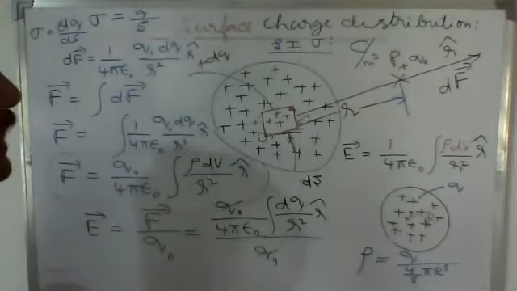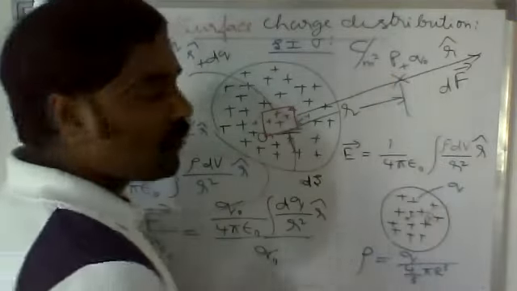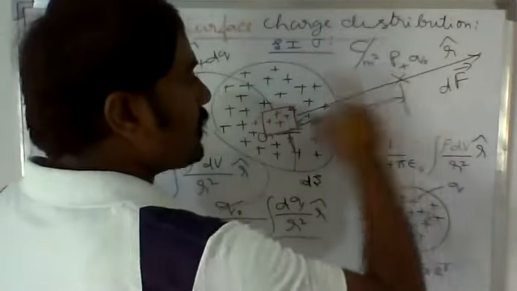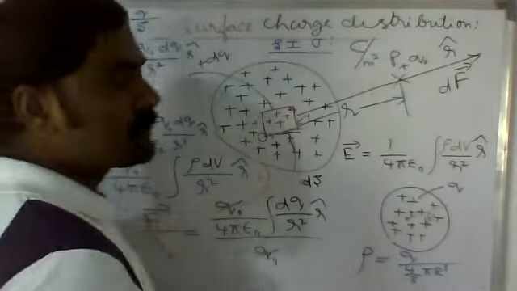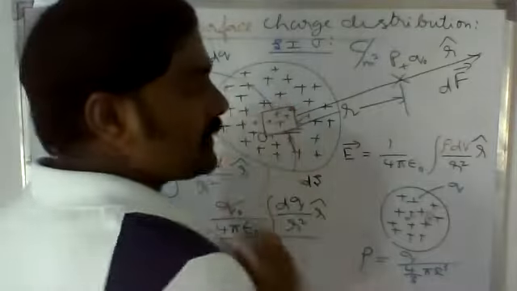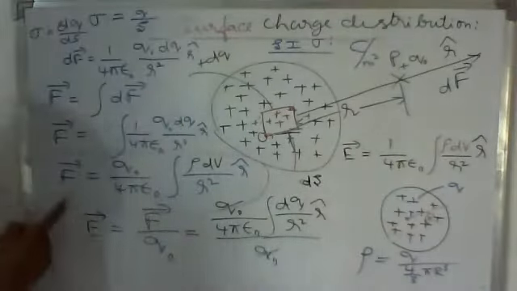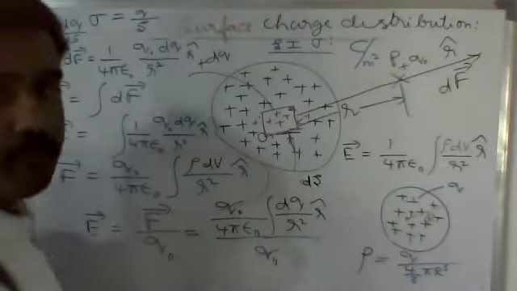And this is the observation point. At this point we have to calculate the net force and net electric intensity due to the entire surface charge distribution, which can be calculated by using these two formulas.